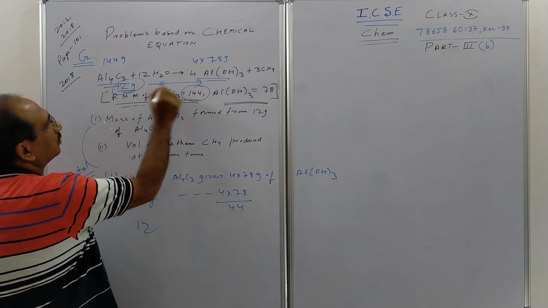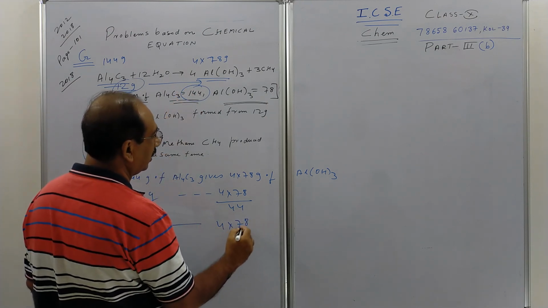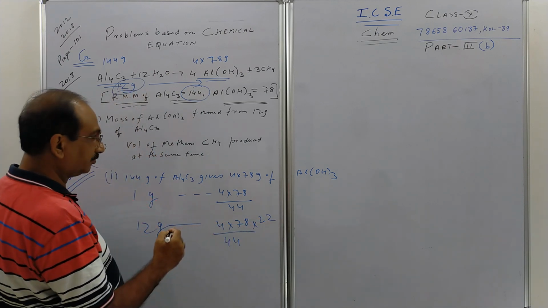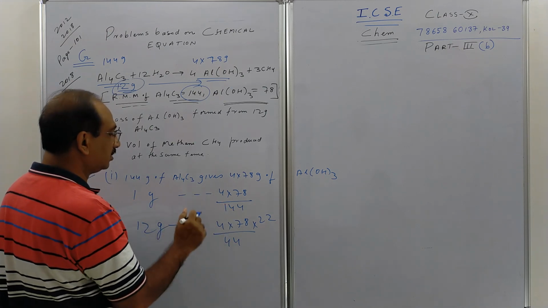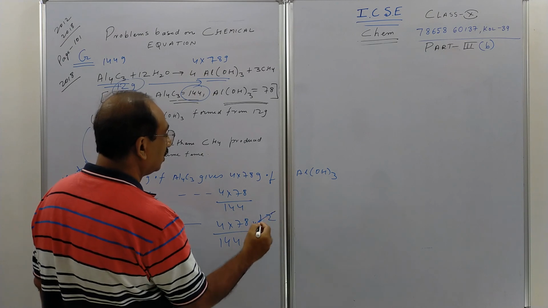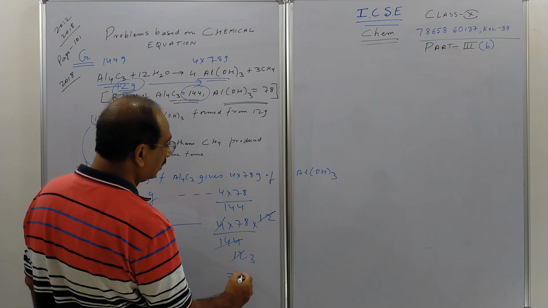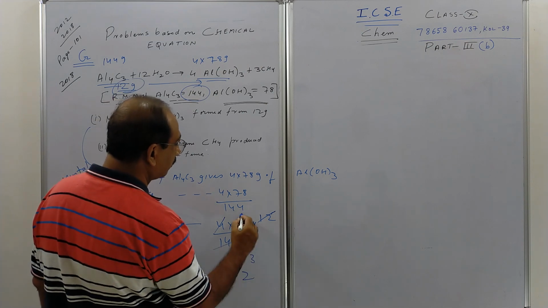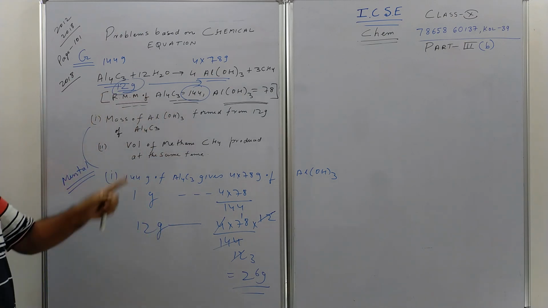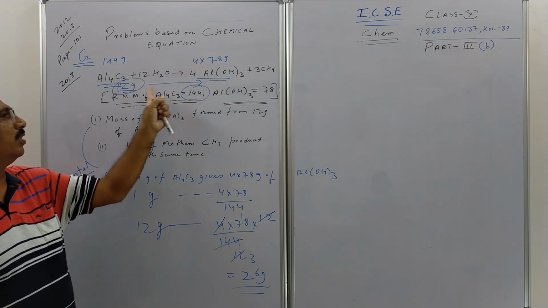So finally, how much will 12 gram give? 12 gram will give you 4 into 78 by 144 into 12. 12 times, you see, same thing what I told you, 3. And this will give you 3 2s are 6, 26 gram. Traditional unitary method. Once more, two things are given from the equation: 144 gives you 4 into 78, 12 will give you this.